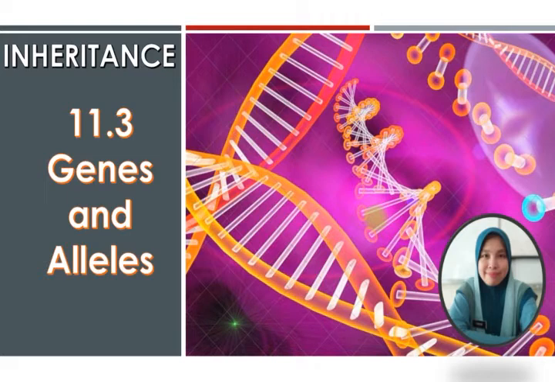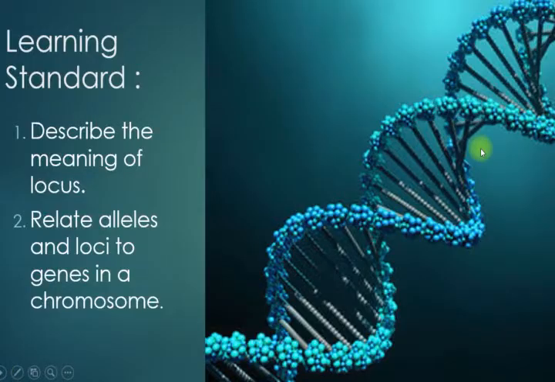Alright, so let's continue our chapter 11 on inheritance with 11.3 genes and alleles. Let's go to the learning standard. The learning standard of 11.3 is to describe the meaning of a locus.